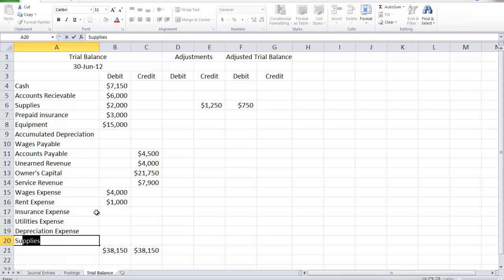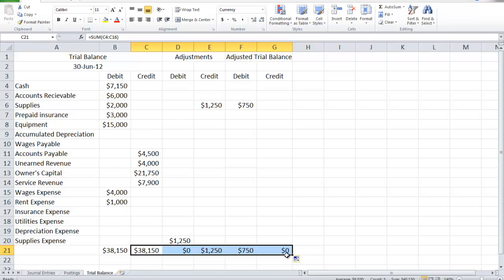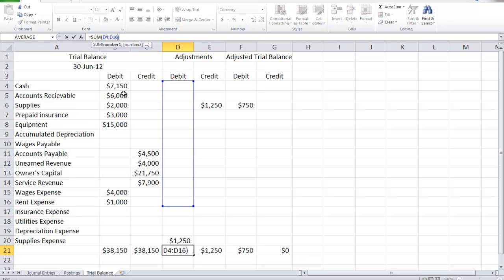And then we have supplies expense, and that's an adjustment for $1,250. Need to include all of these.